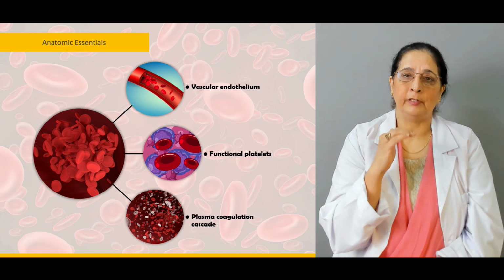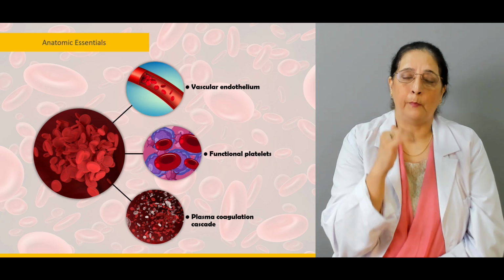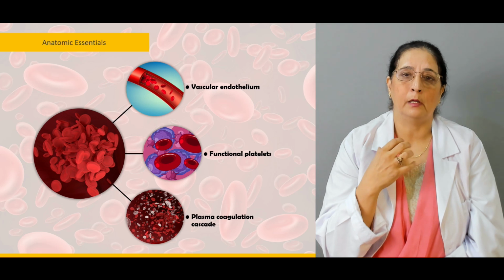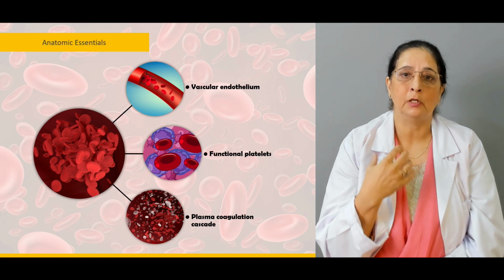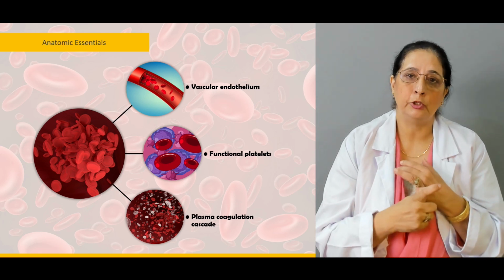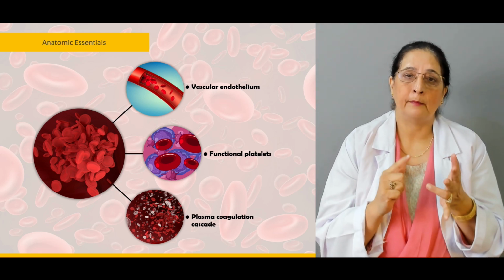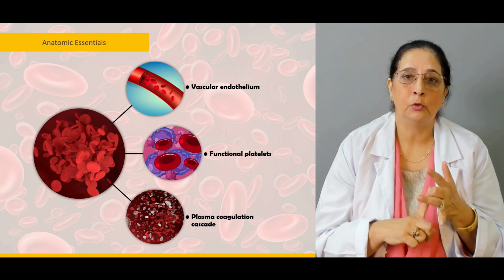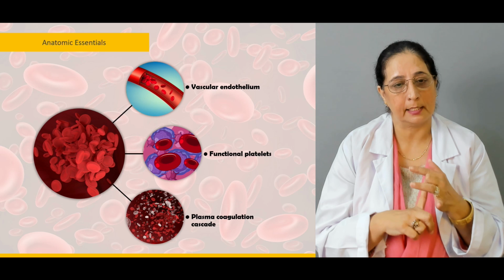So these are three very important factors in blood coagulation or controlling the acute bleeding: vascular endothelium, then platelet activation, and then activation of the coagulation cascade.